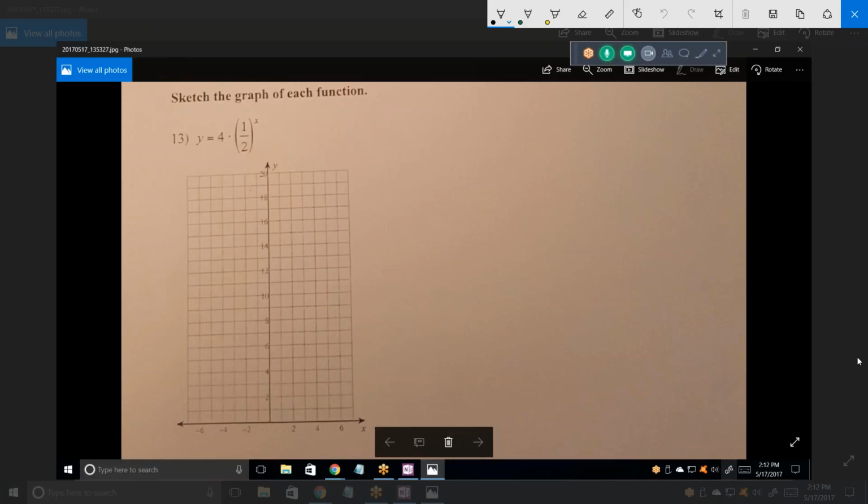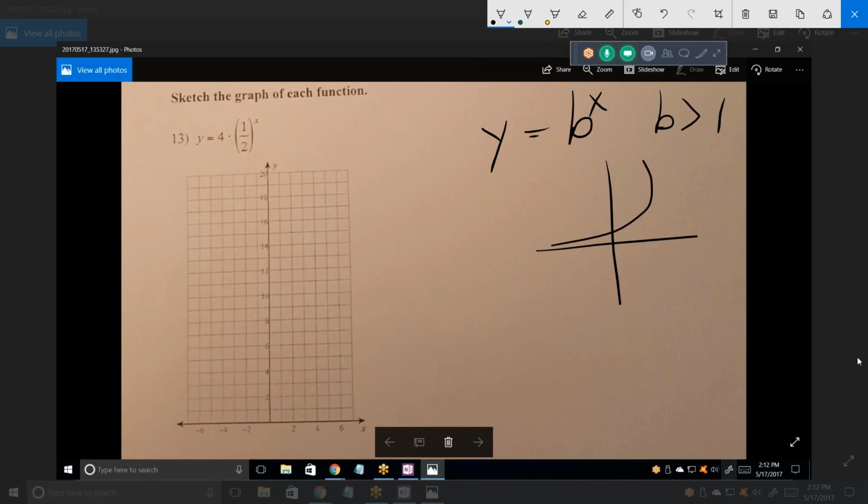First of all, let's talk about y equals b to the x when b is greater than 1. That looks like that. All right. When y equals b to the x and b is between 0 and 1, which I'll say is less than 1, the graph looks like this. All right.